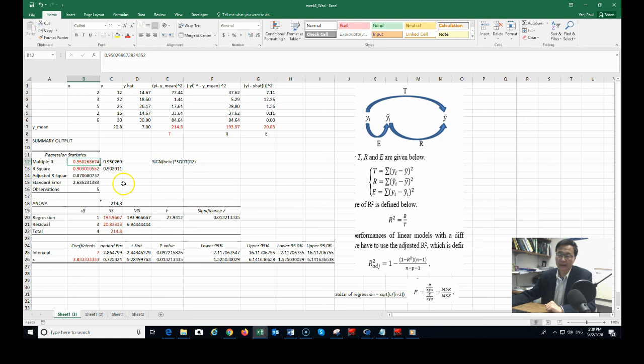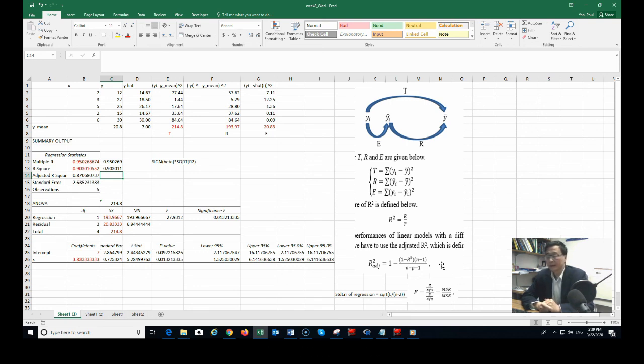Okay, and adjusted R square. Here we have the formula. Adjusted R square equals 1 minus R square, n minus 1 divided by n minus p minus 1. So actually, in adjusted R square, we factor in how many independent variables we used.